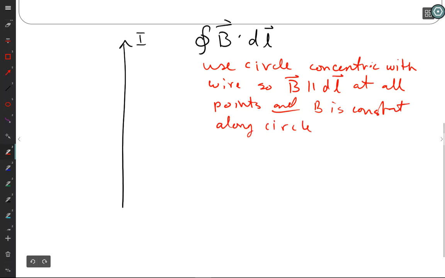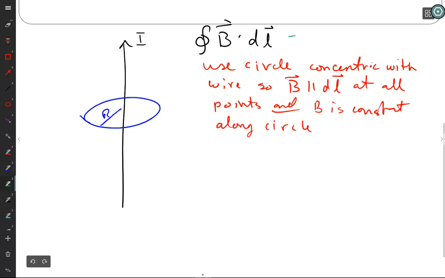So this writing in red is the symmetry argument for us to do this. So here's my loop with radius r. And now that I've decided that the circular loop is what I'm going to use, I do the two sides of my equation independently.